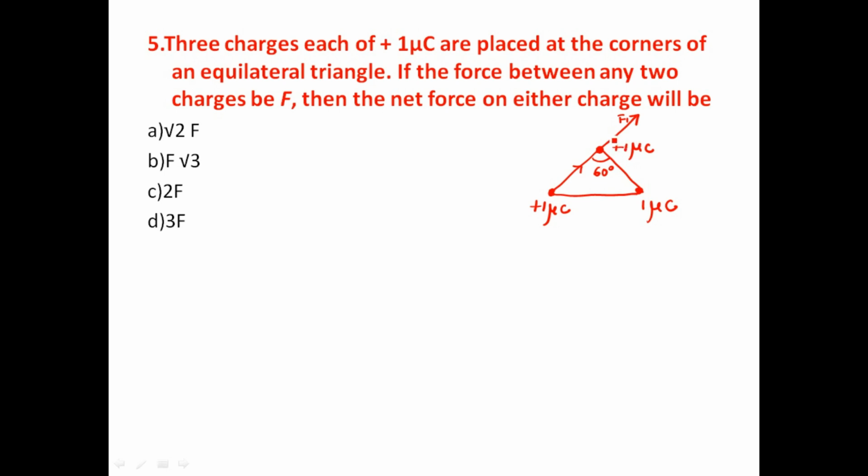Here the force due to this 1 microcoulomb charge and here 1 microcoulomb of charge is there, right? They will again repel because the charges are of same kind. Hence the force here is F2. I'll write that force as F2. Both the forces are F1 and F2.